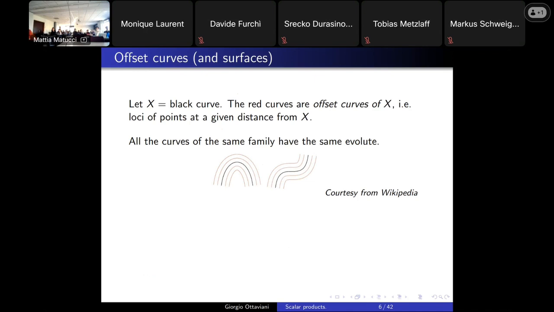And now, you can ask if this black curve has some degree, what is the degree of the red? It turns out it's exactly the same problem as before. You have to count how many normals you have from a general point, and then the degree is twice this number.